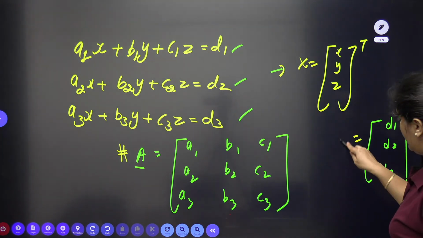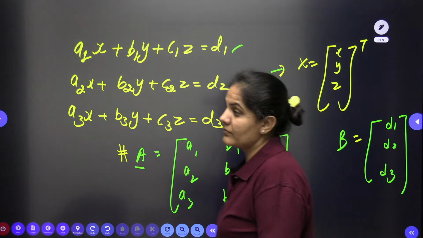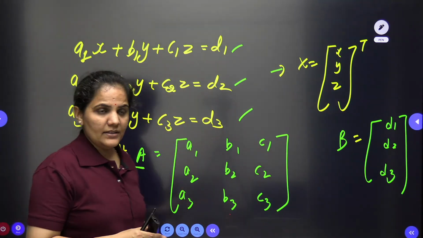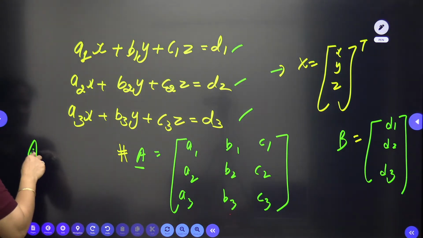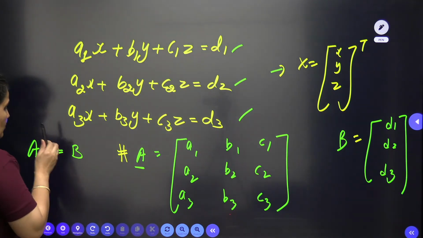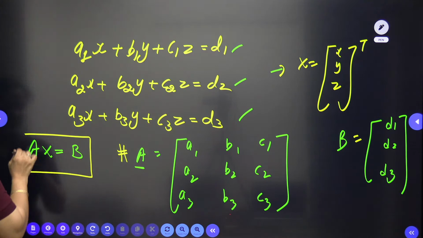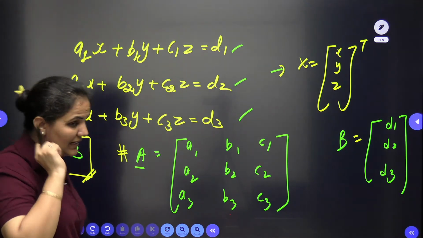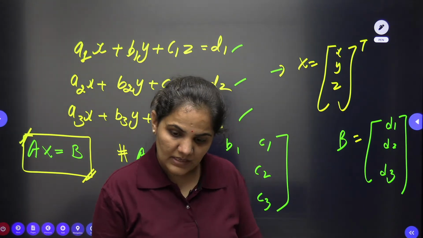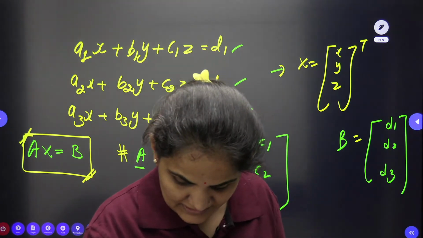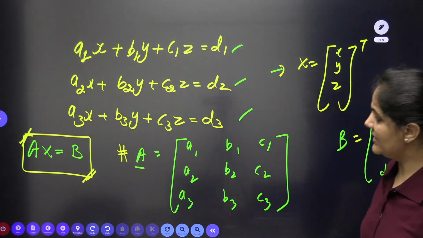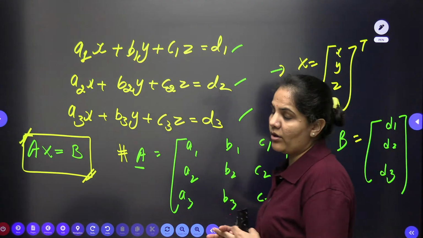If you write this as capital B, then the combination of A, X and B together gives Ax = B, and this is called the system of equations. Since we have linear powers, this will be a linear system of equations, beta, and about this we will talk everything.